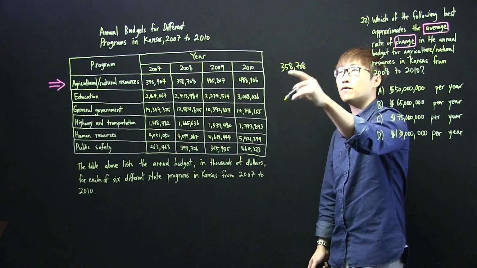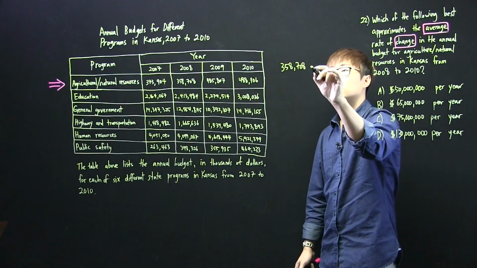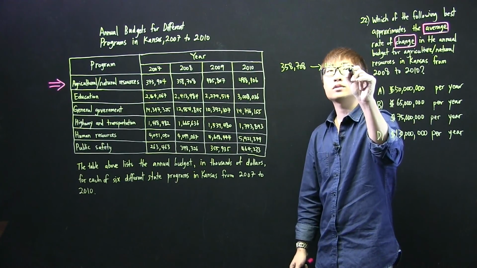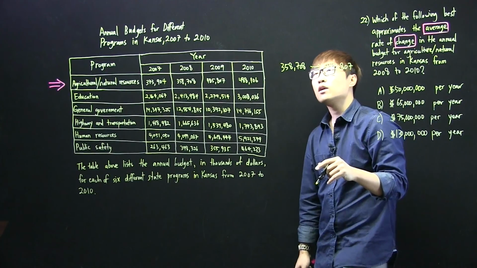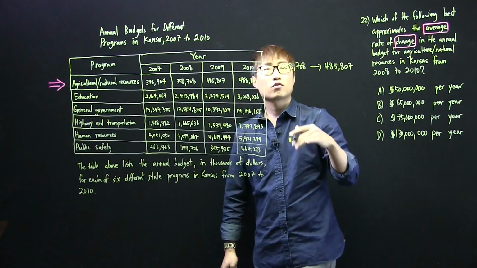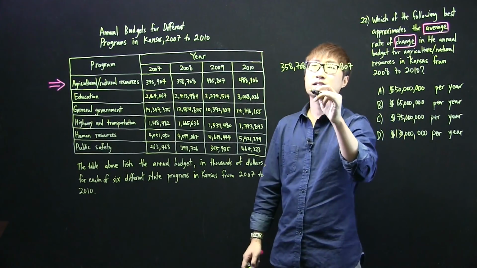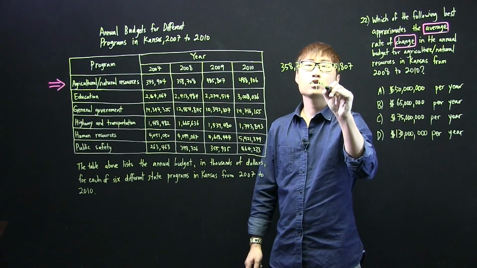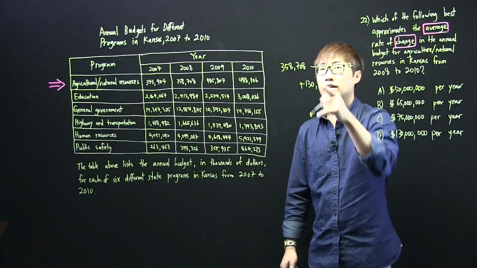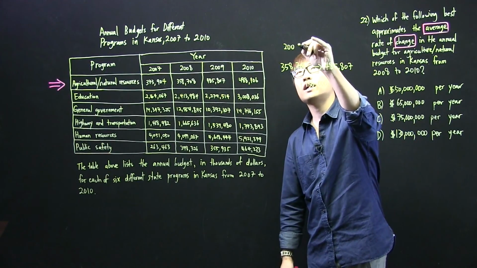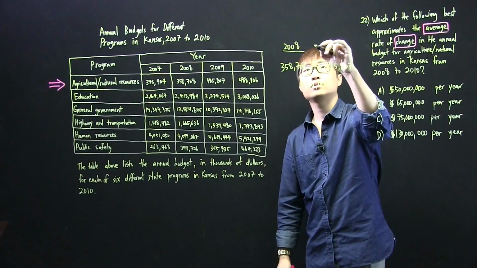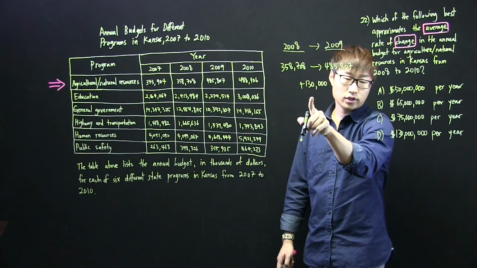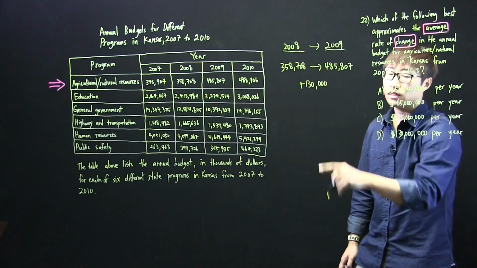So it went from 358,708 to 485,807, which is roughly about 130,000 difference, right? Once again, I should add the 3 zeros at the end, so let me not forget. So from 2008 to 2009, the change was about plus 130,000.